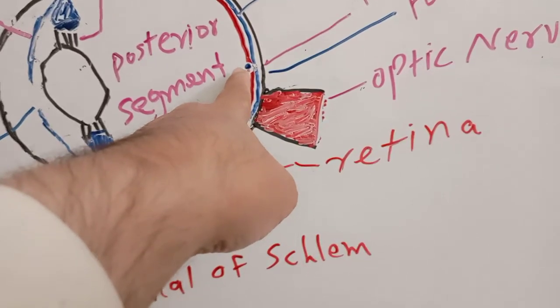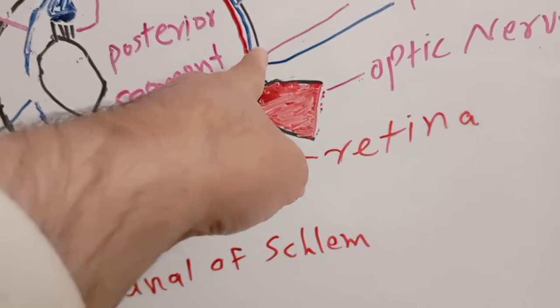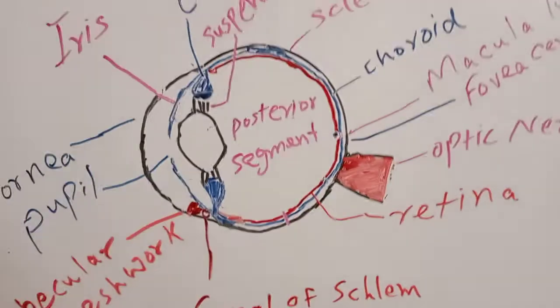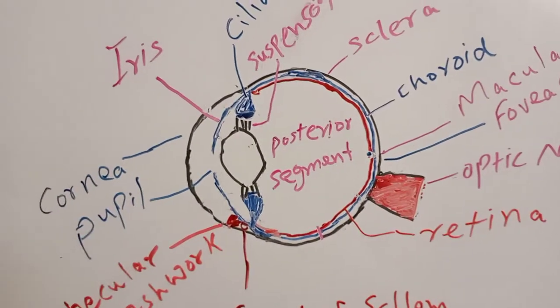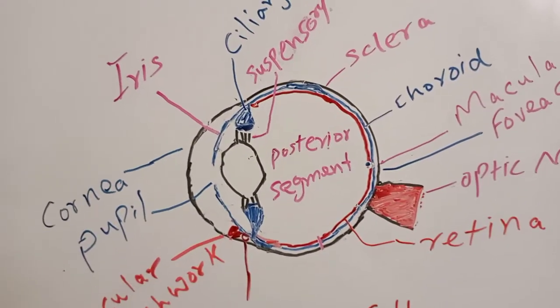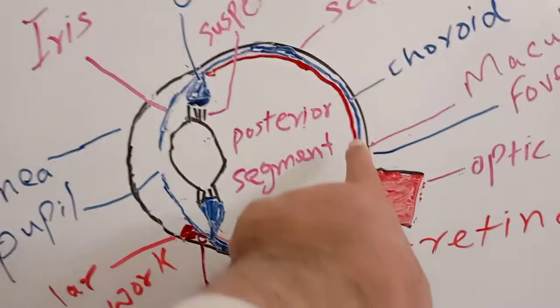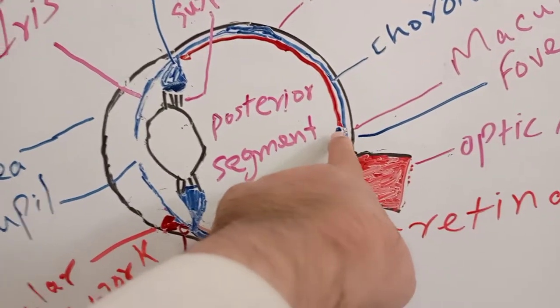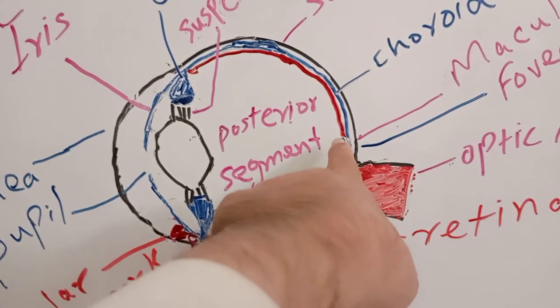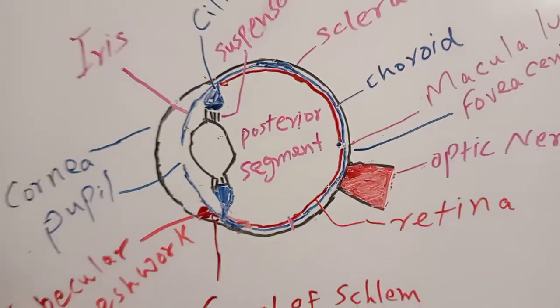There is a spot in the center of the retina known as macula lutea. Macula means spot and lutea means yellow. In the center of this macula lutea there is a pit known as fovea centralis.